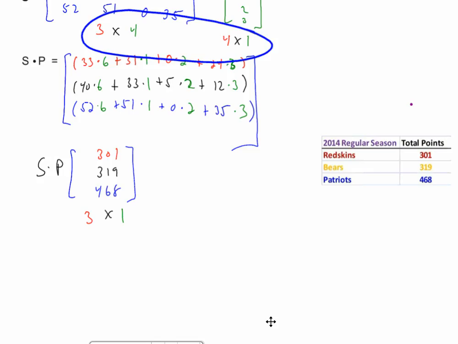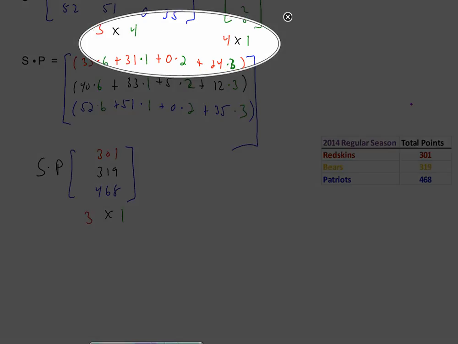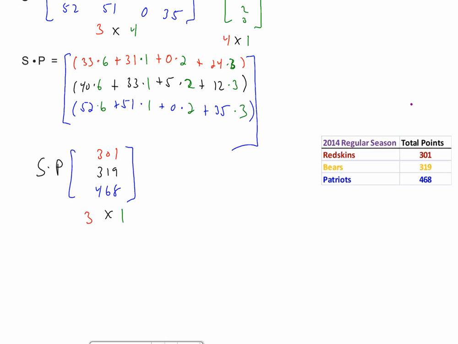My magic pen didn't give me my oval. So we started with a 3 by 4 and we multiplied it times a 4 by 1 and we ended up with a 3 by 1. Do you see a relationship? Right? 3 by 4 and a 4 by 1 and we ended up with a 3 by 1. And there is a relationship and we'll talk about that right now.